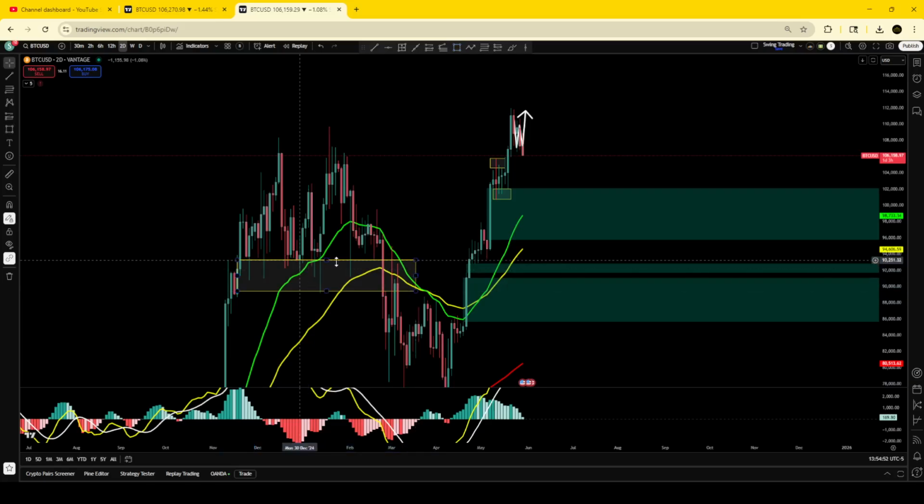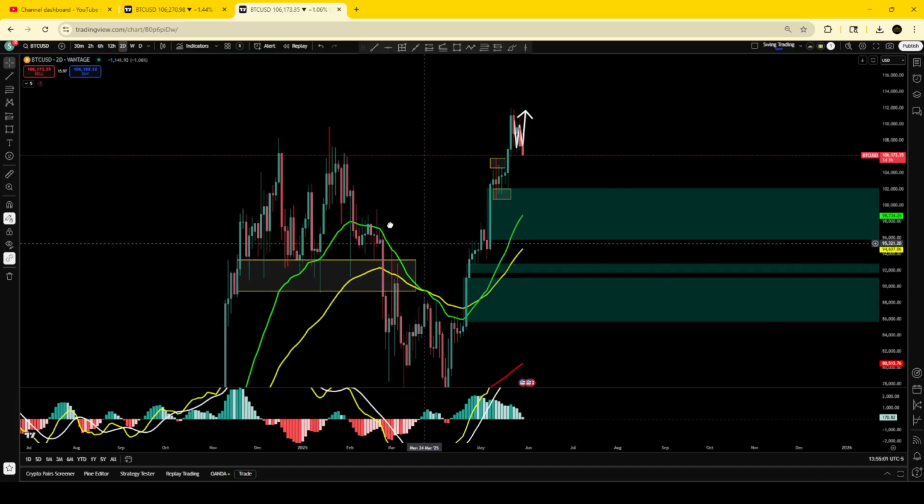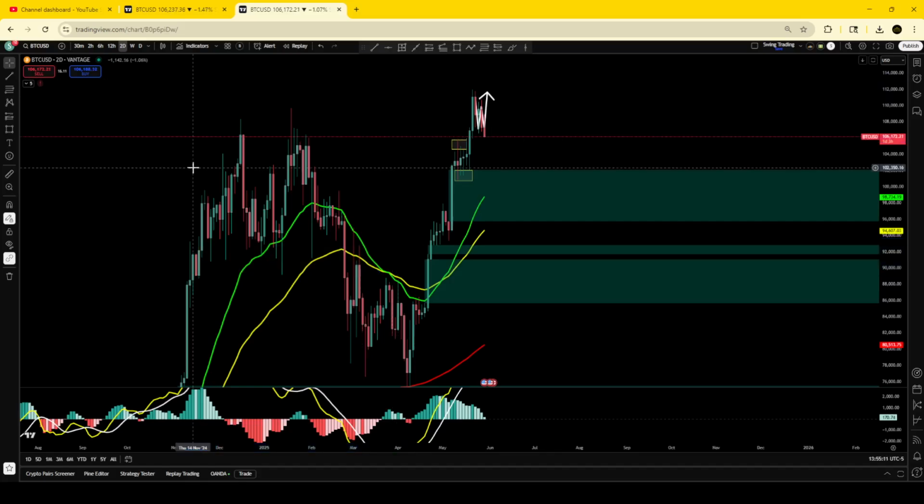Yeah, this is all liquidity grabs until price broke right there. When price broke, that's when the liquidity grabs really didn't mean anything much. Yeah, moving on.